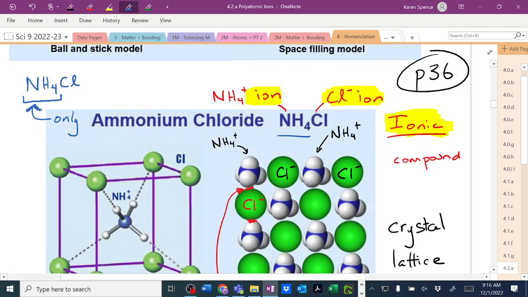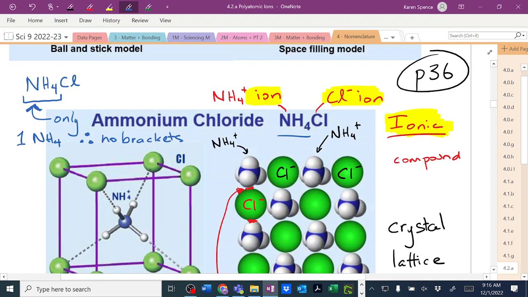It doesn't look much like an arrow. So there's only one NH4. Therefore, there's no brackets. Okay, so that's one of the big things about polyatomic ions, is if we have more than one, we put brackets. If we don't have more than one, no brackets.